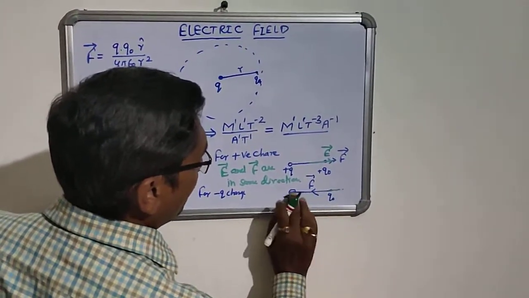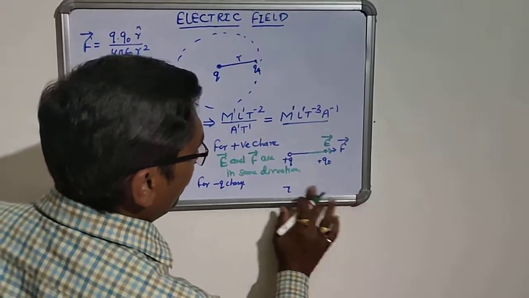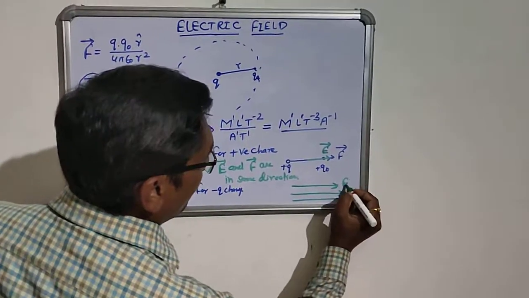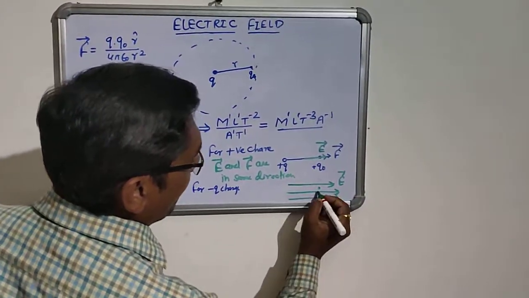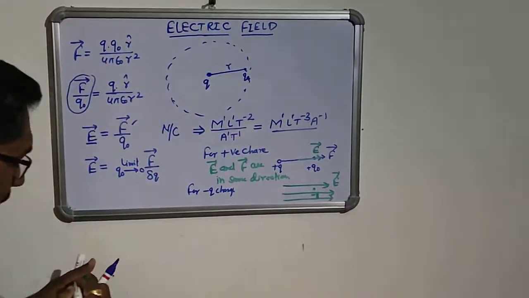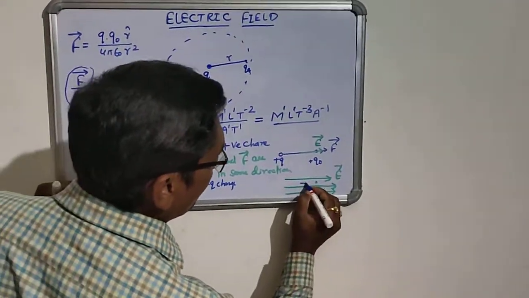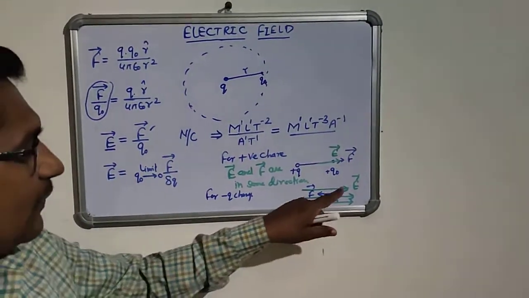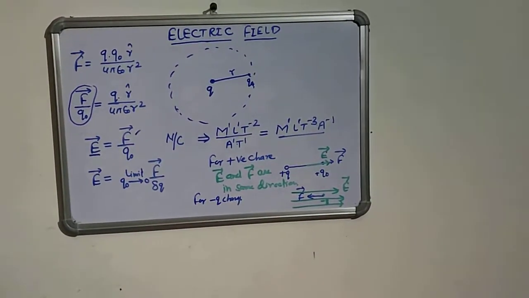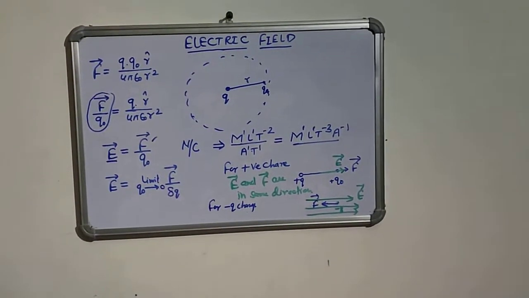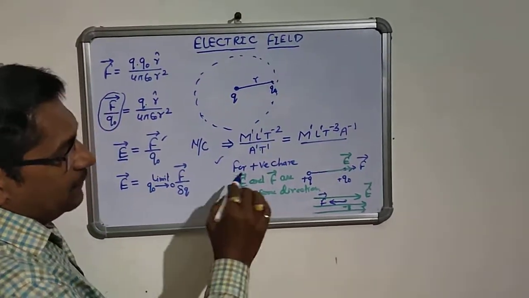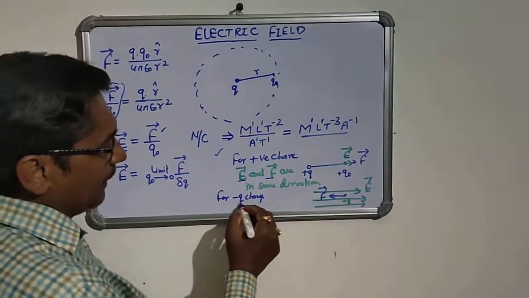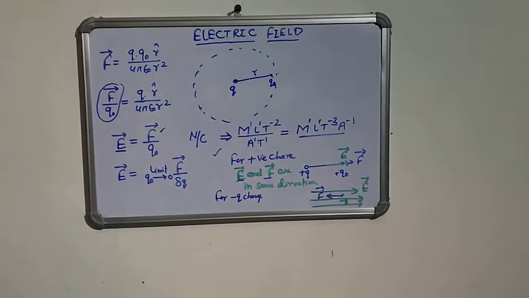Suppose this is the direction of electric field, and here a negative charge is placed, so it is attracted in this direction. So for negative charge, the direction of force and field are acting in opposite directions. I repeat: for positive charge, electric field and force are acting in the same direction, and for negative charge, electric field and force are acting in opposite directions.